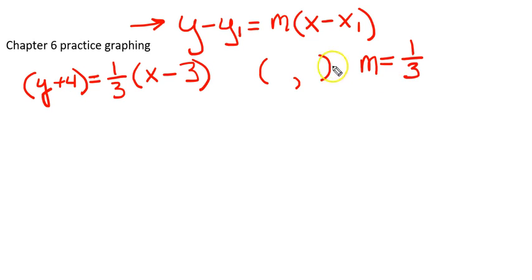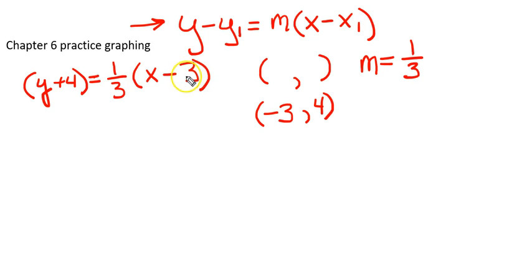Now, students often will say, well, your x point is -3. We'll just put that there, -3. And your y value is 4. But think of it, if it was a -3 and you put a -3 in there, x is -3, it's going to be the opposite of a -3, which would make it a +3, and that's not a +3 there, that's a -3.